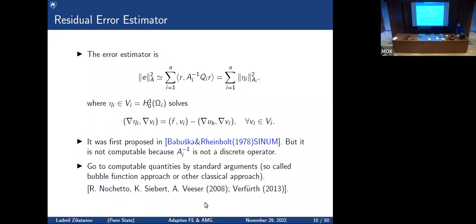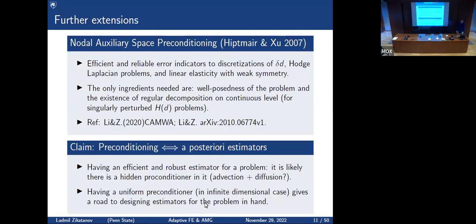Okay, so let me say how this gives an avenue to do many things, and we have done some of those with Yuan Li. So you look at this nodal auxiliary space preconditioning. I don't know if you know what it is. It is taking the Maxwell equations, let's say, and showing that a few Laplacians, 4 actually, give you a good preconditioner.